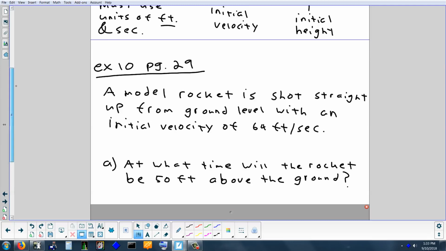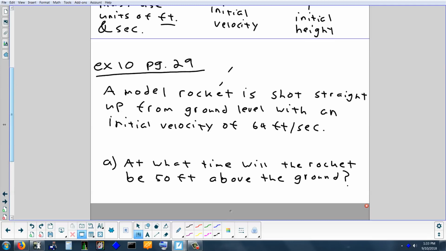Okay. So what we're basically going to do is figure out an equation that models the height of the rocket. We're going to draw a line at 50 feet. Then we're going to find the two spots where it hits 50 feet. So we're going to calculate an intercept.